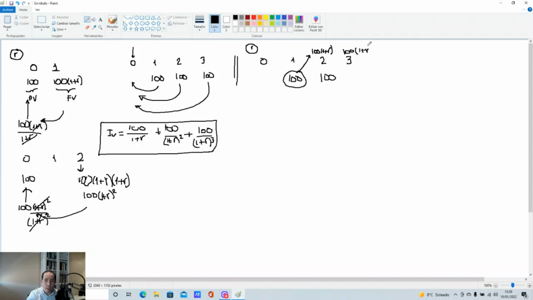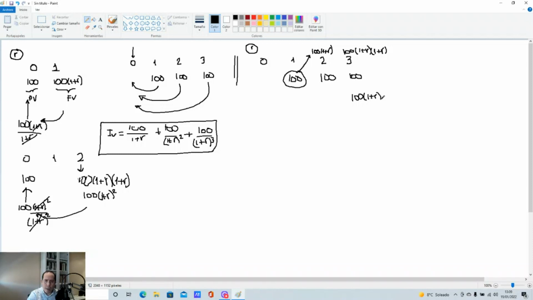Because you are receiving in the first year your first $100, and this $100 will have a return for 1 year, and then for another year. And at the end of year 3, you will receive your third $100. So in the end, you will have at the end of year 3 the following.